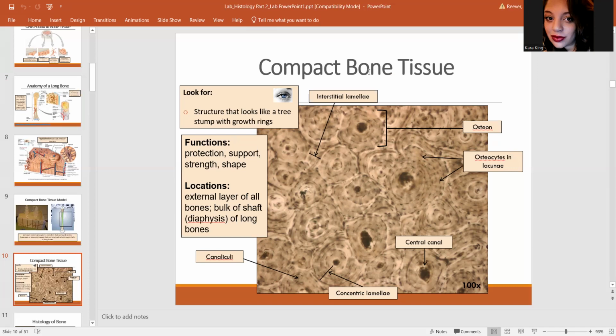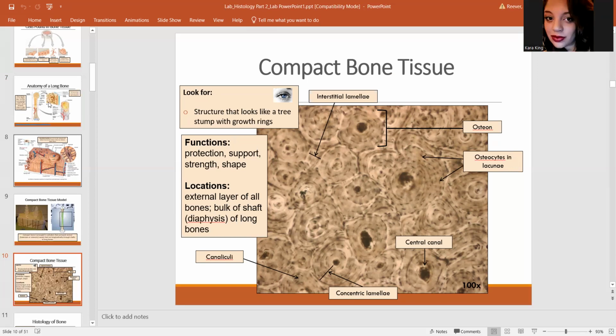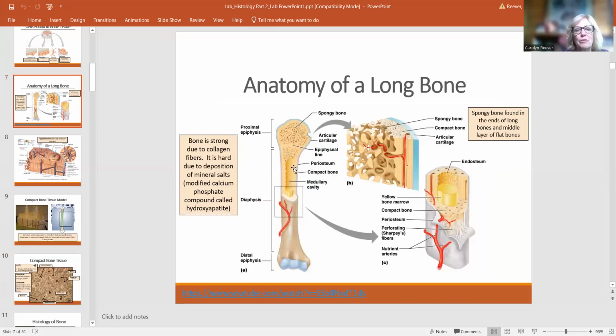Okay. So slide number 7, the middle of it, the compact bone is right there. This number 10 is inside. If you did a cross section right through the long bone, it would look like number 10.